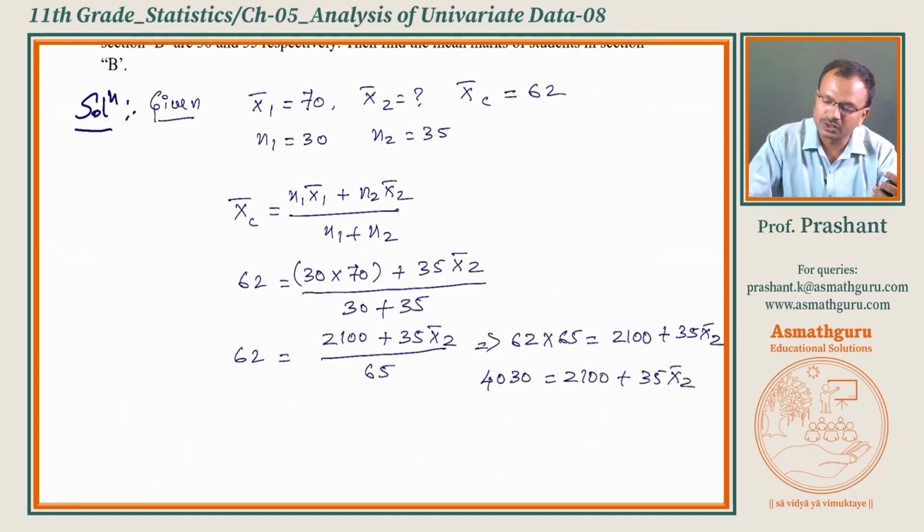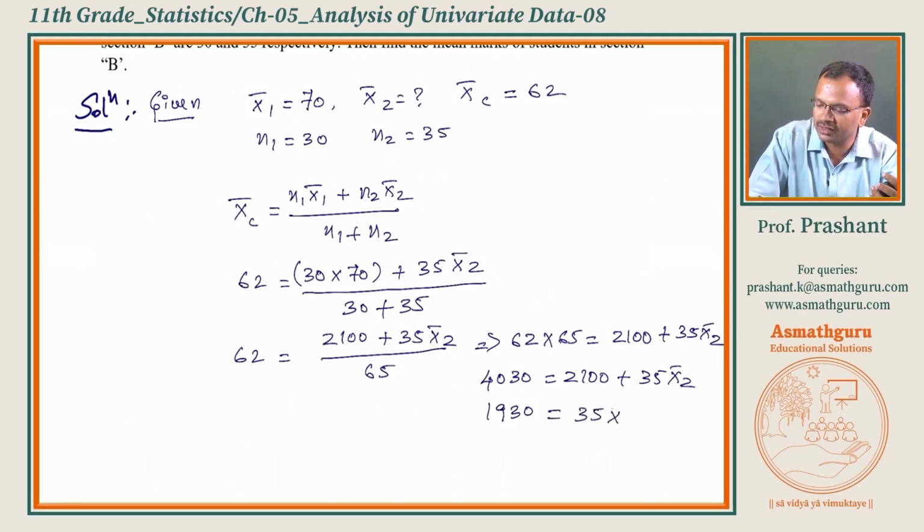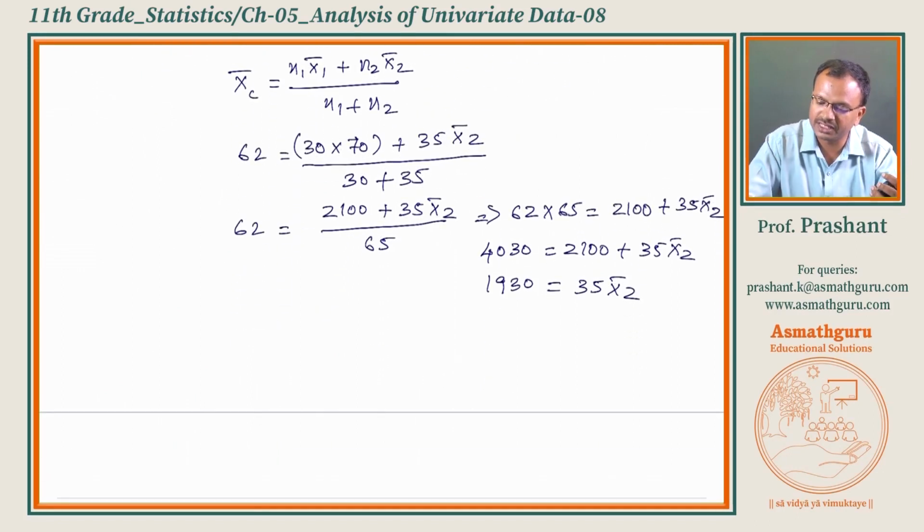Now transfer this 2100 to the right hand side, it will become negative. So I subtract it from 4030 and I get 1930, that will be equal to 35 x bar 2. Now I want to find the value of x bar 2.